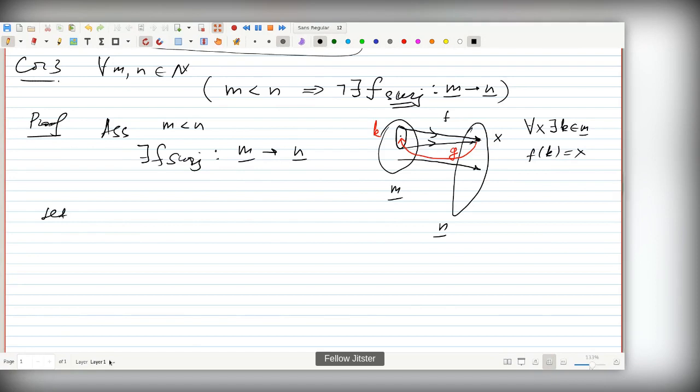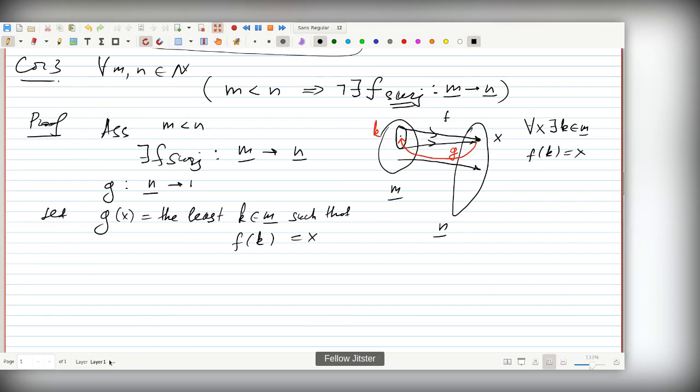So let g of x be the least k in M underlined such that f of k is x. Now it is clear that g is a function from N underlined to M underlined. It's easy to see that it is functional and it is total because f is surjective.